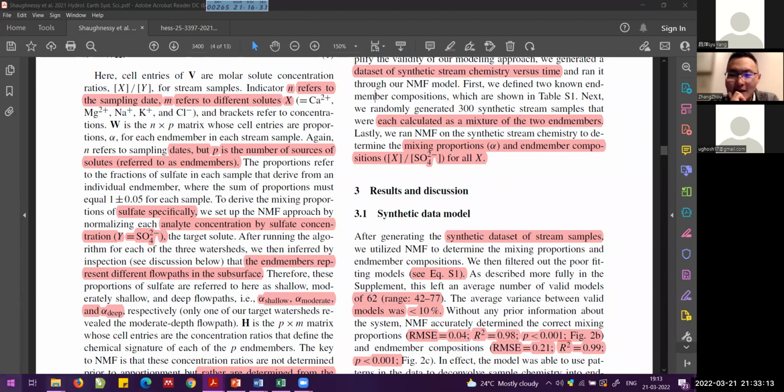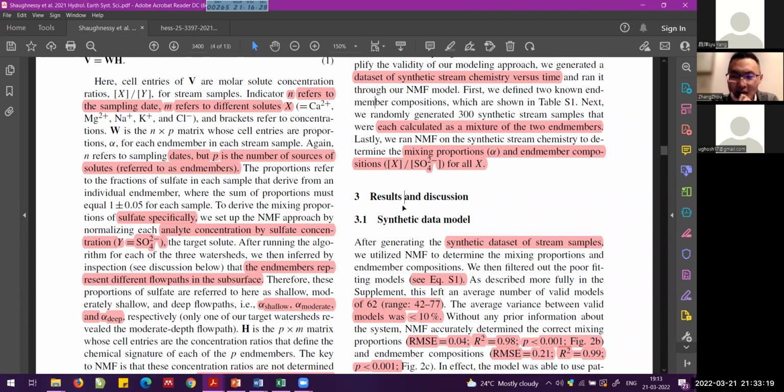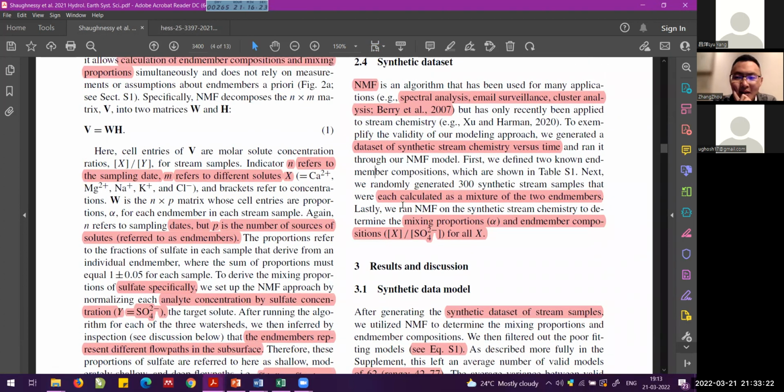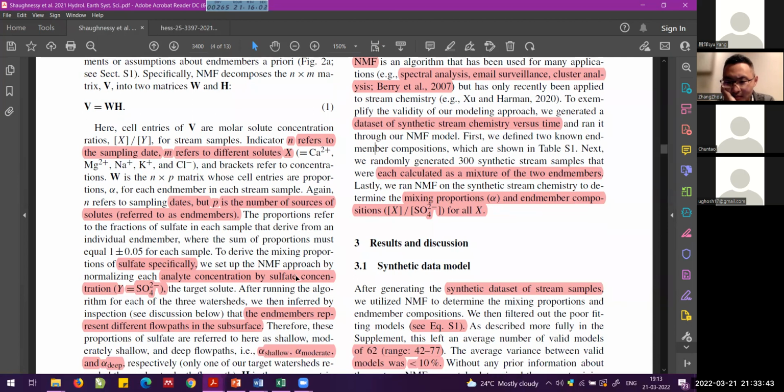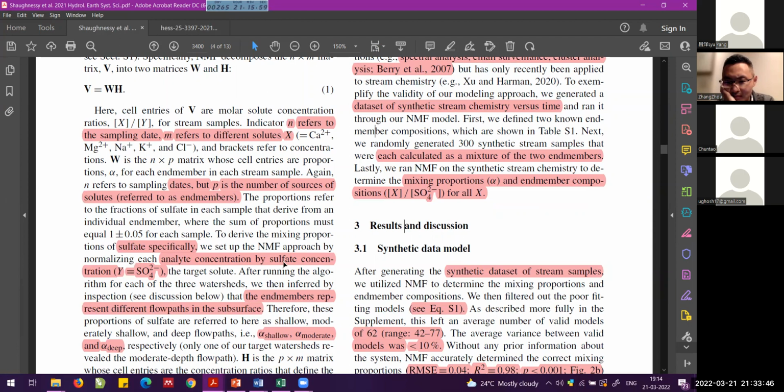Chanel, what do you think about their mixing model? Because you're also working on different mixing models for the cross composition, assuming different end members in the geologic history. How do you evaluate their work on the mixing of the stream chemistry? Maybe we can also try to use this model to train the mixing composition of the content across.